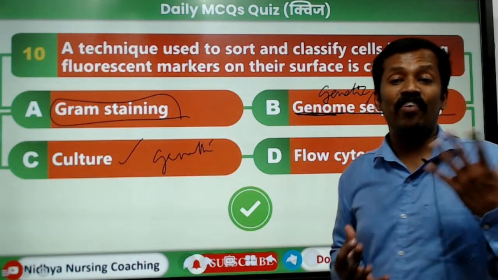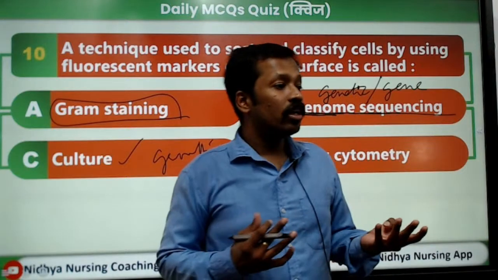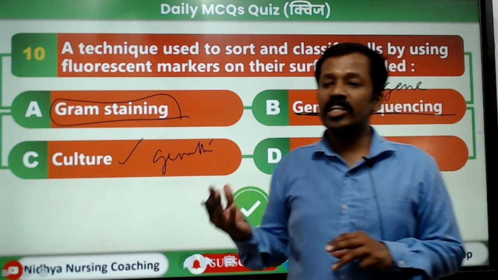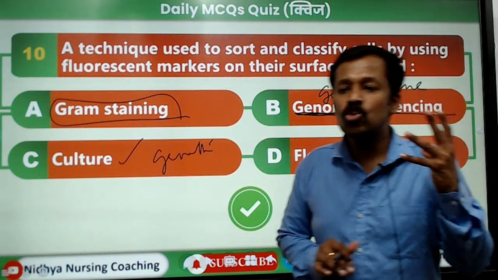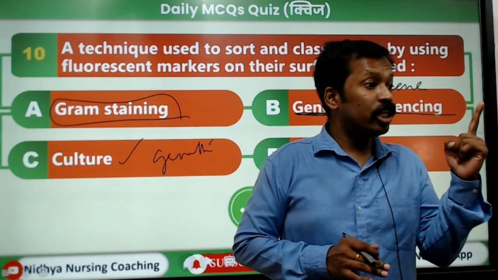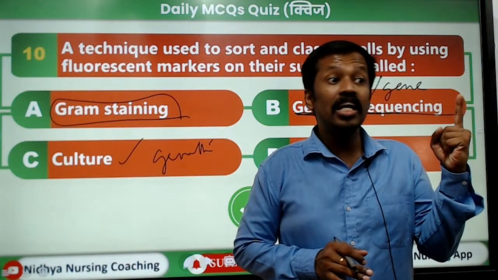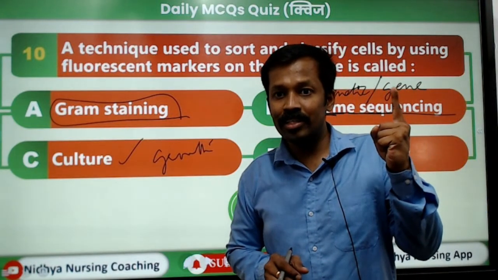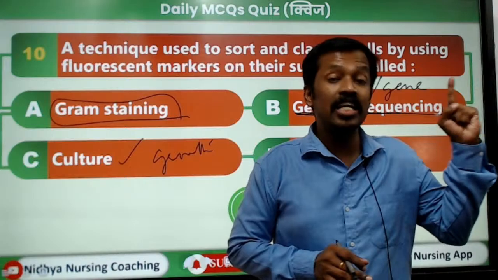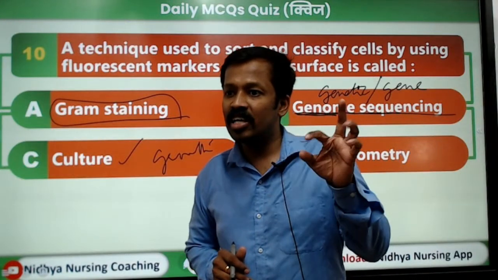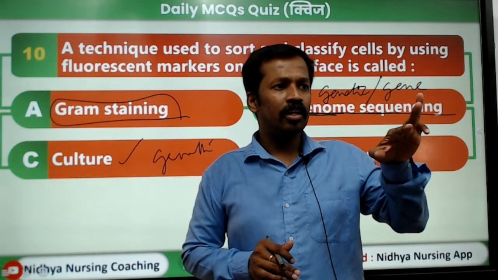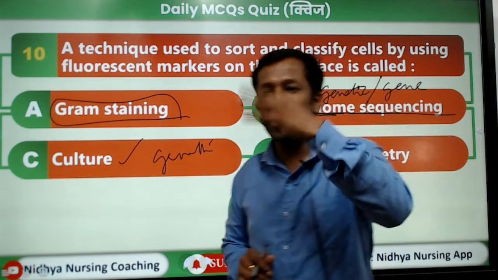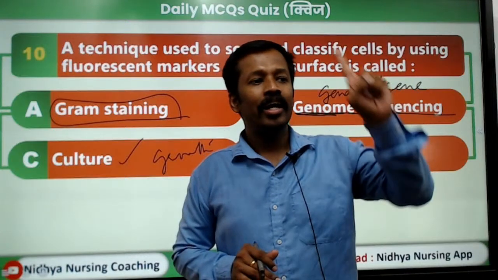We know that differential staining, gram staining, positive staining, negative staining. Then we have seen in TB, Ziehl-Neelsen staining, which is an example of differential staining. What do you mean by differential? Differential means more than one dye is used.